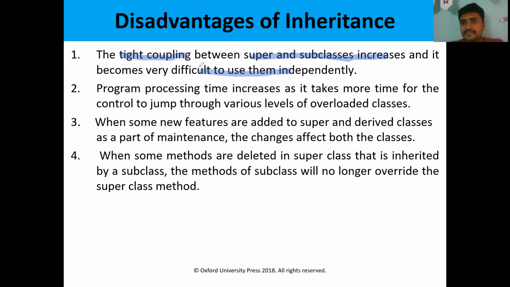If you implement like this, every subclass will depend on the superclass, which cannot be treated effectively in software engineering. So the coupling should be low. That means the dependency should be low, so inheritance should be implemented to some extent only.